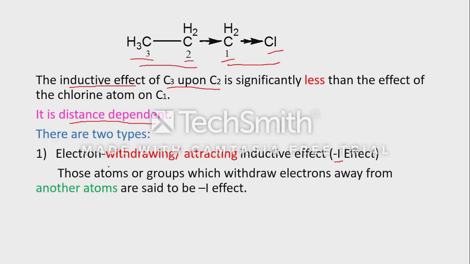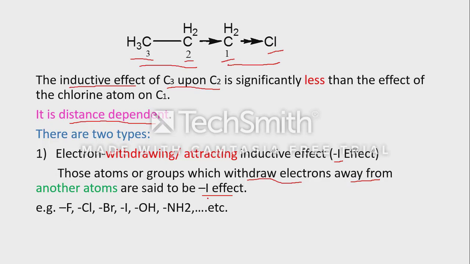The definition of the electron withdrawing inductive effect or negative I effect: those atoms or groups which withdraw electrons away from another atom are said to show a negative I effect or electron withdrawing inductive effect.